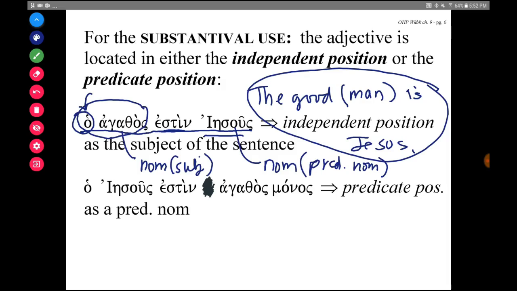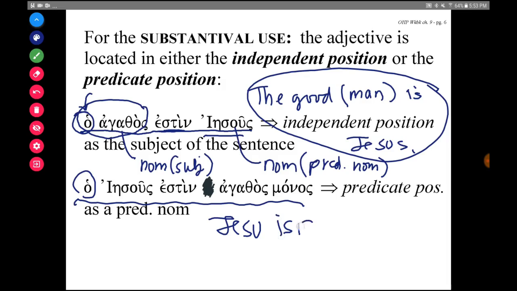In the second example, Jesus is the subject because he has the article. So here is Jesus is, and we have, in this case, a choice. We can say Jesus is good alone because agathos doesn't have an article in front of it.